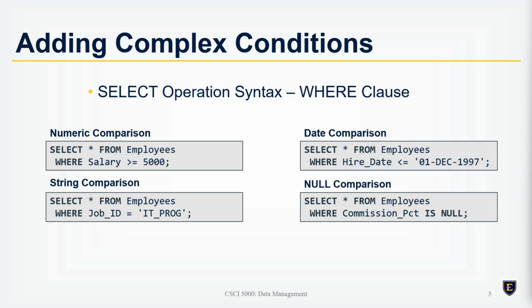Therefore, instead of equals, you have to say is, because truly there is nothing there. If it has a value there, then you could use equals, but since we're looking for the null values, you have to say is null.